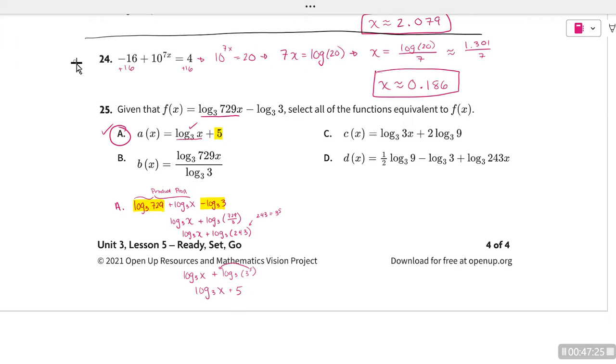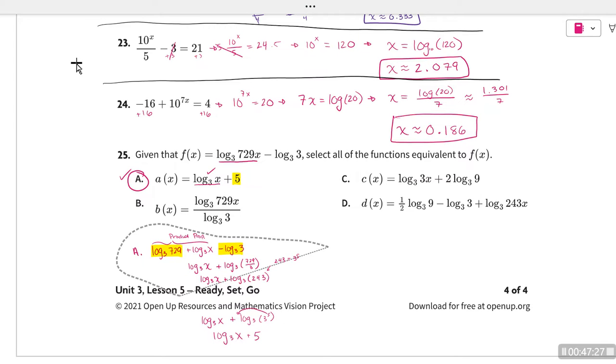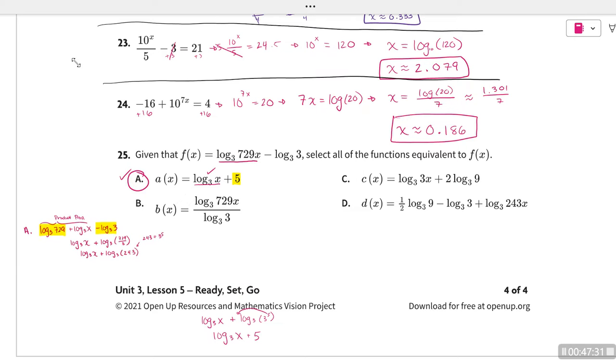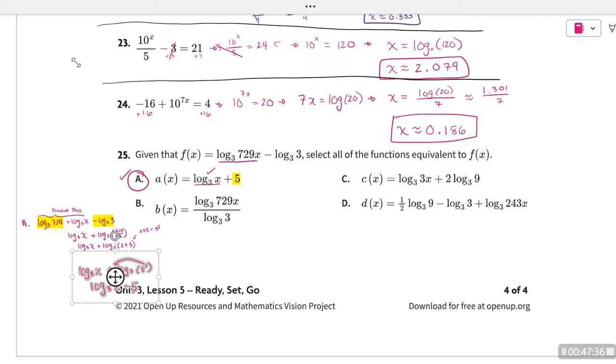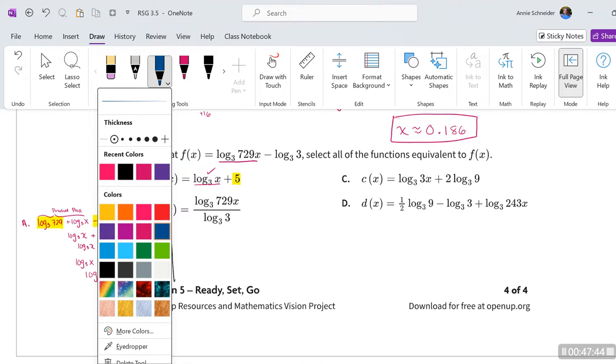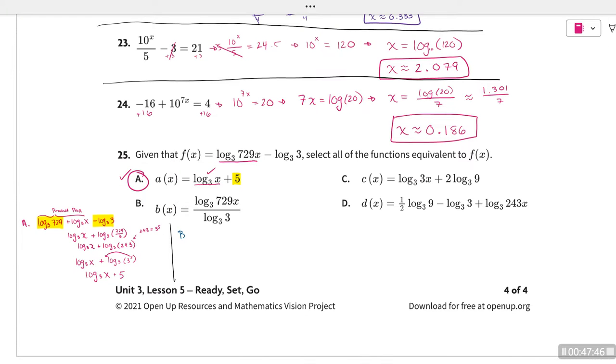I'm going to move A off to the side here as best we can. There's the rest of A. Okay, so there's our A. So let's look at B now. I'll do this in a different color. In B, I see that I've divided these logarithms, but the quotient rule doesn't work like that.